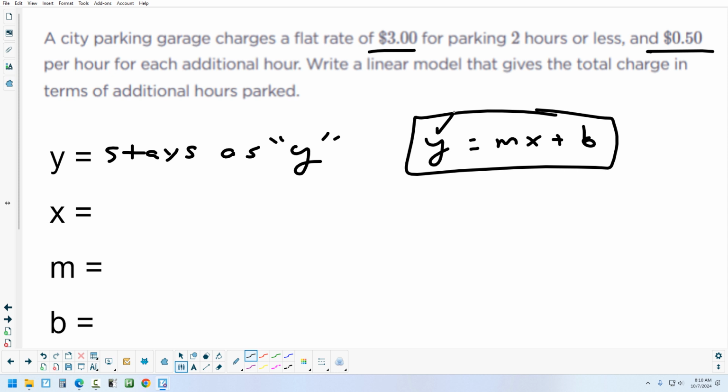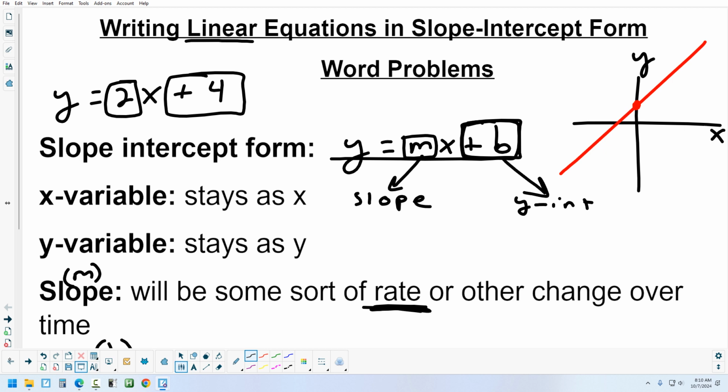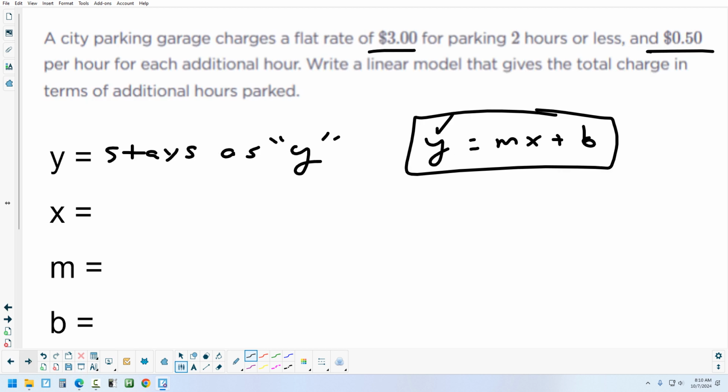What's going to happen to the x in that formula when we write our final answer? How about, Gigi, what happens to the x? It's going to be multiplied to the slope. Okay, yeah, it's going to be multiplied by the slope, but what happens to the letter x itself? Yep. Yeah, it stays as x. So the x variable stays as x. Okay, that doesn't change.